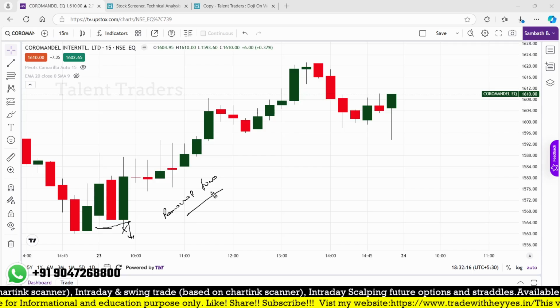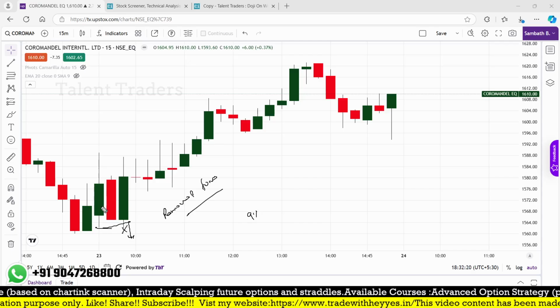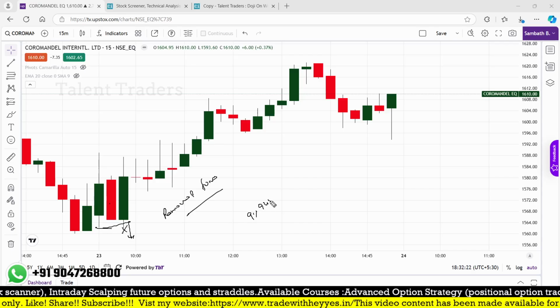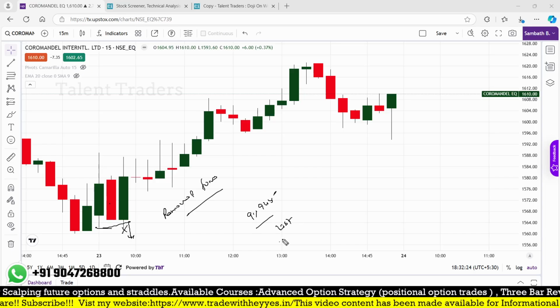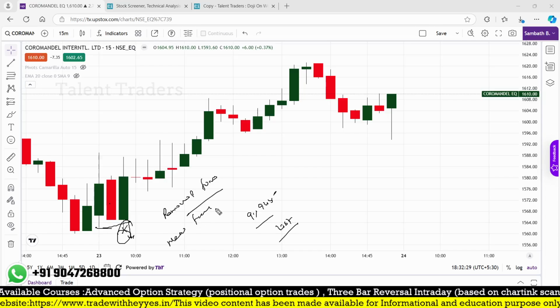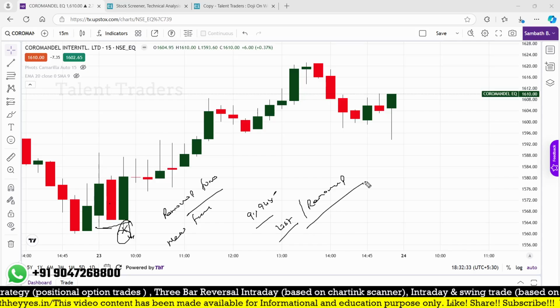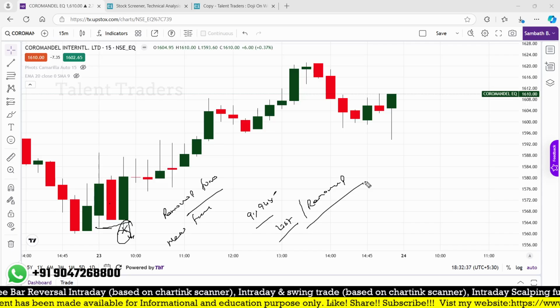If you are using this kind of method, the stock will be removed from the list. It may show on the list from 9:15 to 9:30, up to 9:45, but after this low is broken and a new low forms, it will be removed from the list. So this is a very important condition while you are checking any scanner, whether it is repainting or not.